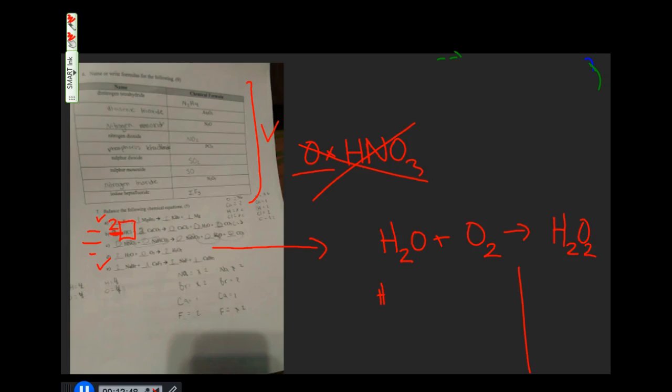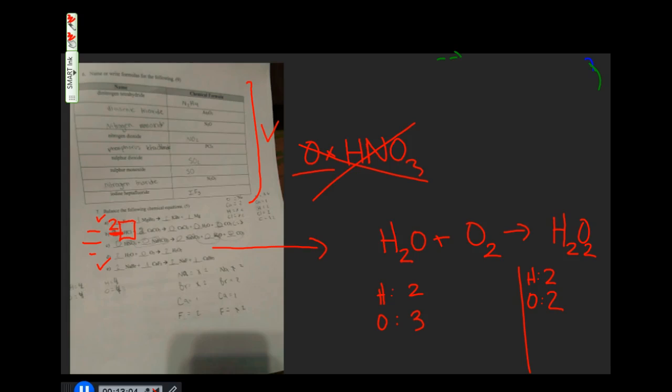If I do a tally chart, I have 2 hydrogen and 3 oxygen on the left, and I have 2 oxygen and 2 hydrogen on the right.